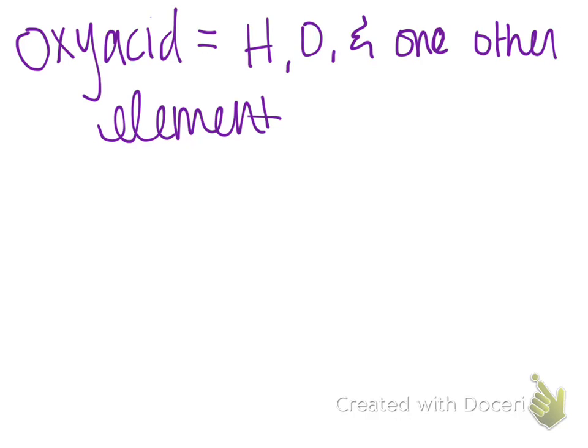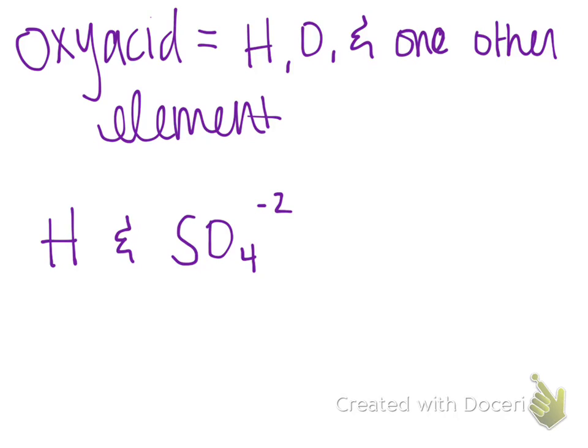Oxyacids usually come from our polyatomic ions, like phosphate, nitrate, carbonate, whatever it is. So an example of an oxy acid, let's say I wanted to make an acid from hydrogen and sulfate, SO4 minus 2.